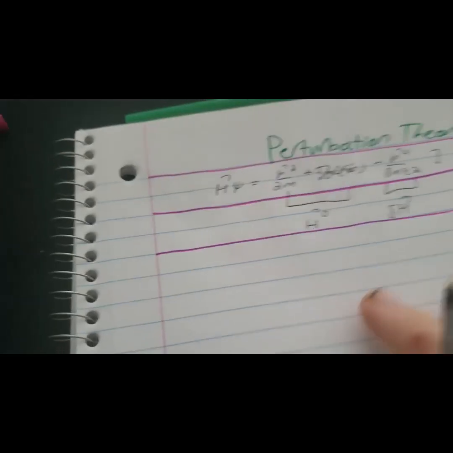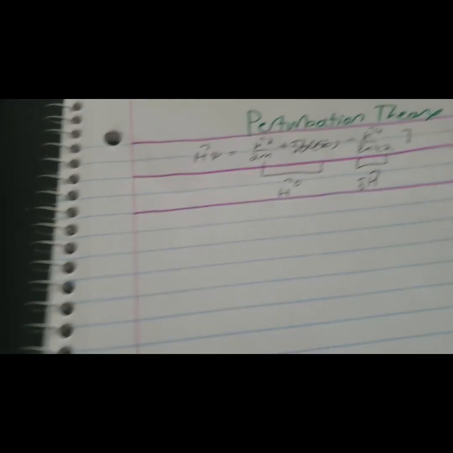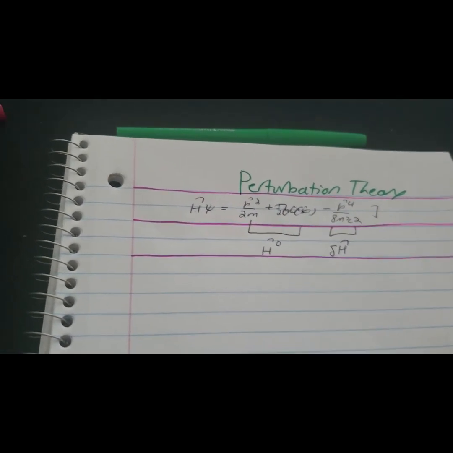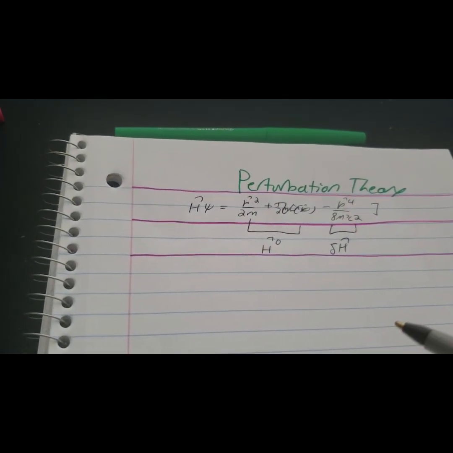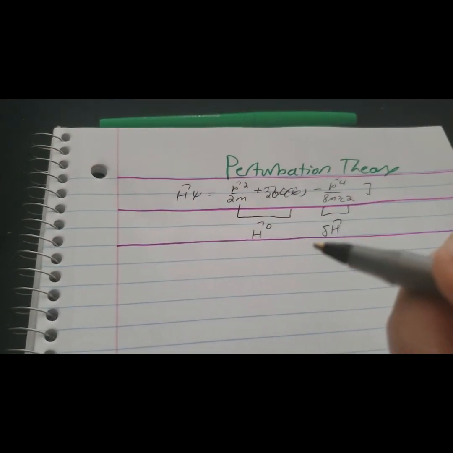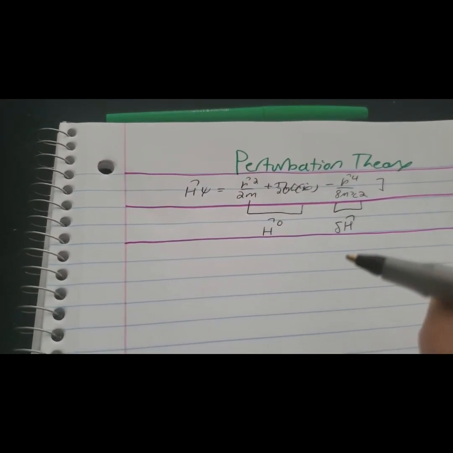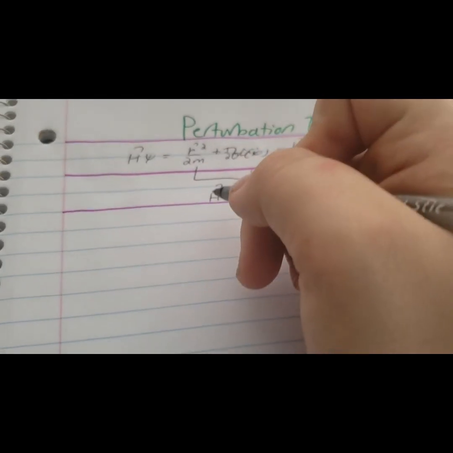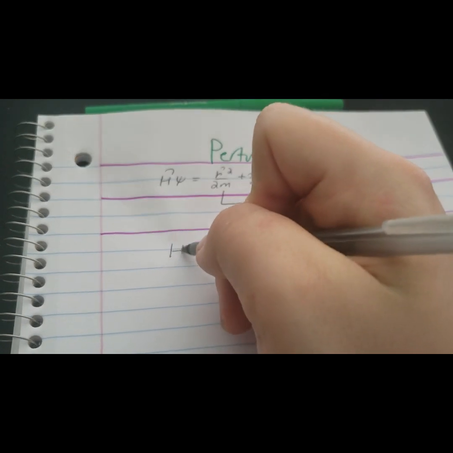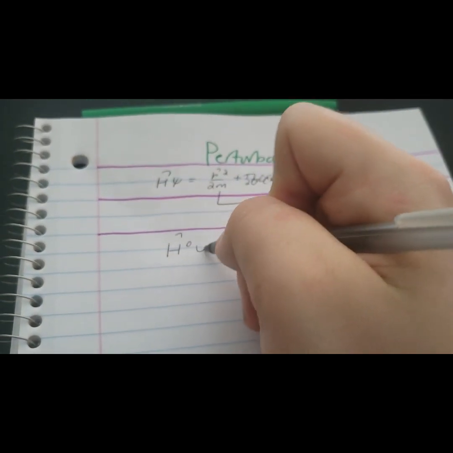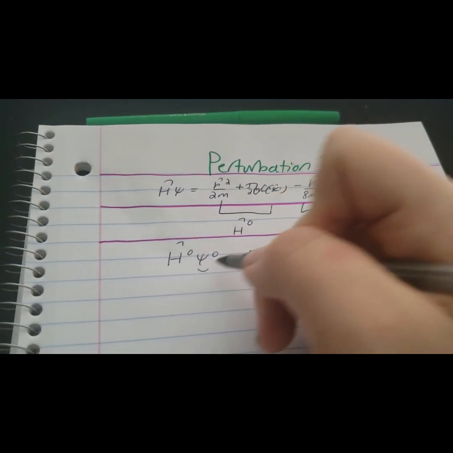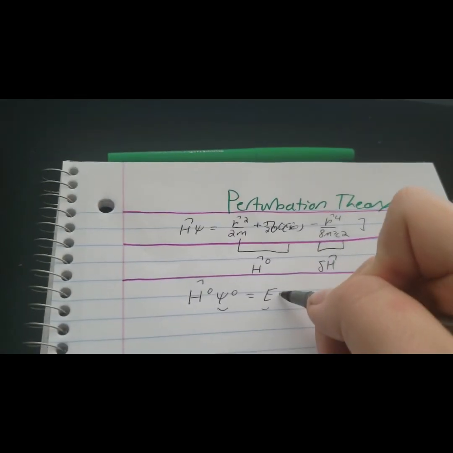The idea of first order non-degenerate perturbation theory is that you basically describe an unknown solution as an approximation built around the one with the known solution, or the solvable system. In that case, our unperturbed equation, which is exactly solvable, and we know our unperturbed wave function, unperturbed energy.